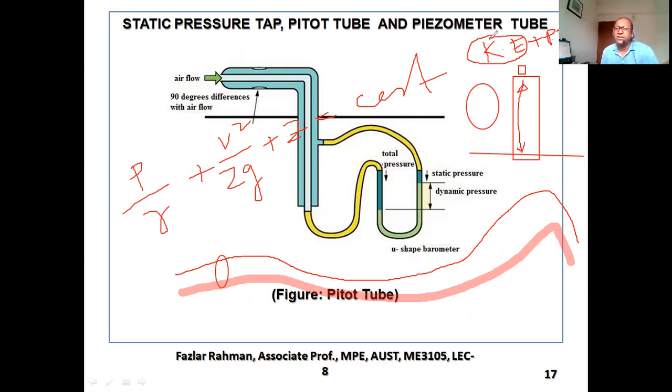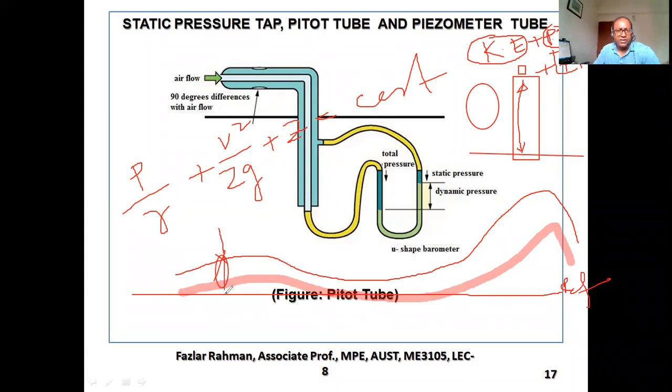If velocity is high, kinetic energy will be high. Now it has one more energy: inside the cylinder you have some fluid and it has a pressure. So you have pressure energy. So a total of three energies remain inside the system. So a pipeline right over here, this point, if I think this is my reference line.